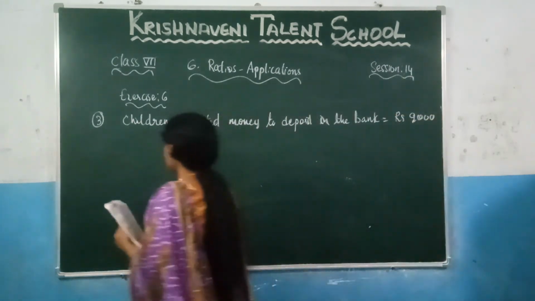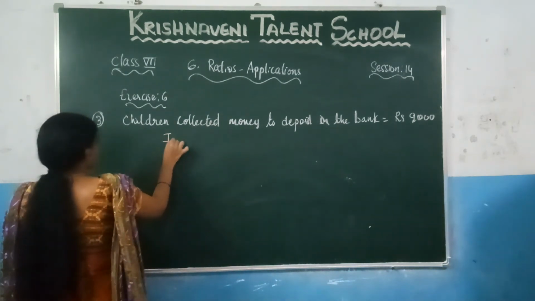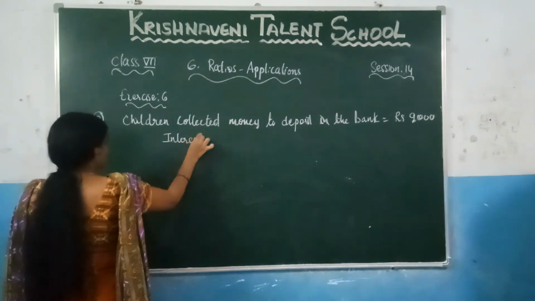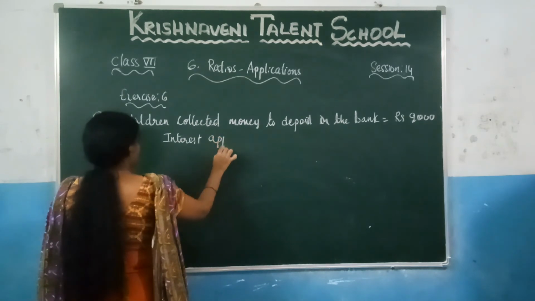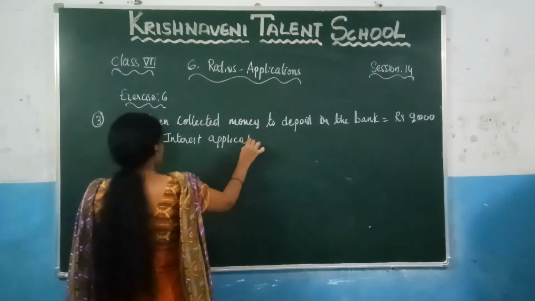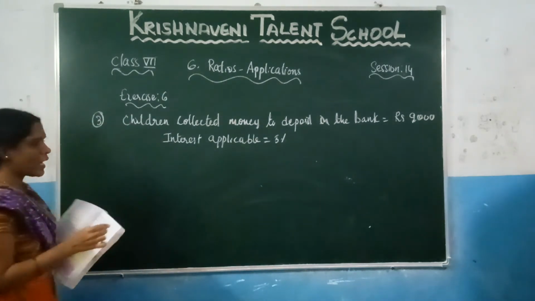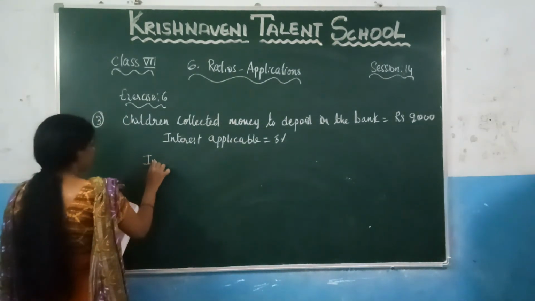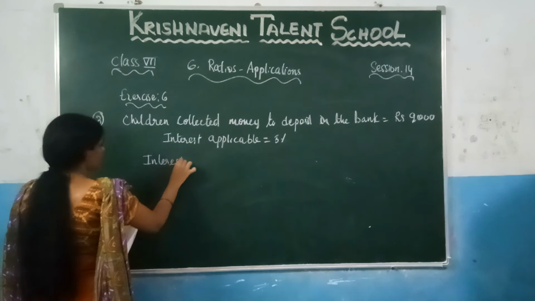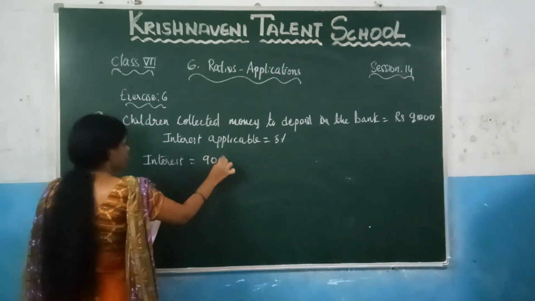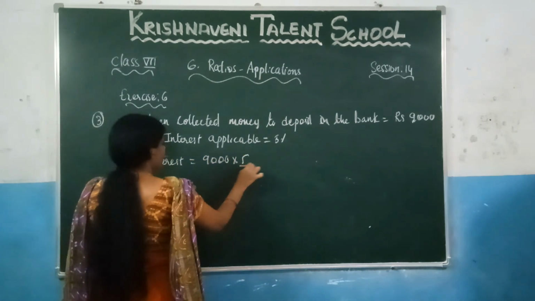So what is the interest that is applicable here? Therefore, the interest applicable according to the question, which is nothing but 5%. So how do you calculate it here, the interest? Therefore, the interest is equal to 9,000 into 5 by 100.